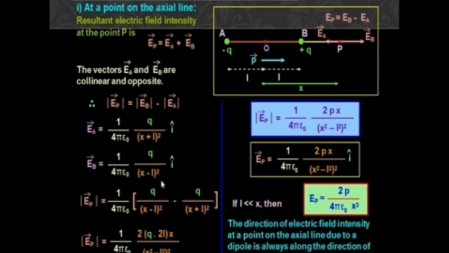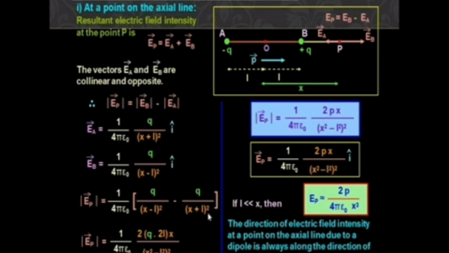Sir, okay. Now we know the values of EA and EB. Substituting in the equation EP equals EB minus EA, Q is common, so we can take out Q, and we have 1 by (X minus L) whole square minus 1 by (X plus L) whole square.